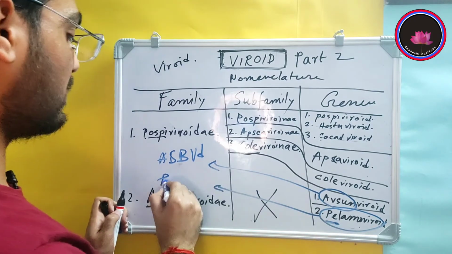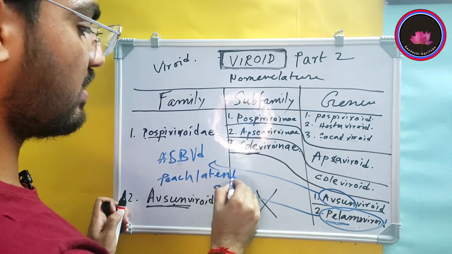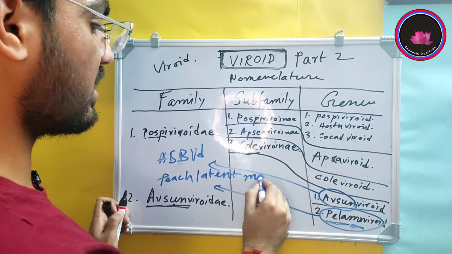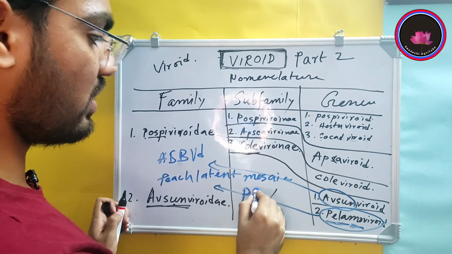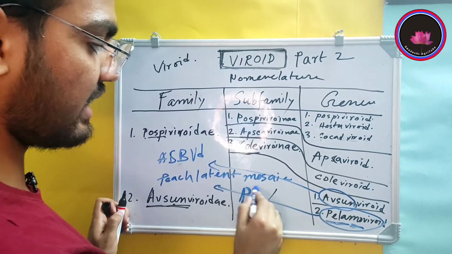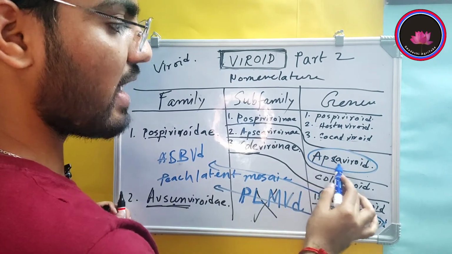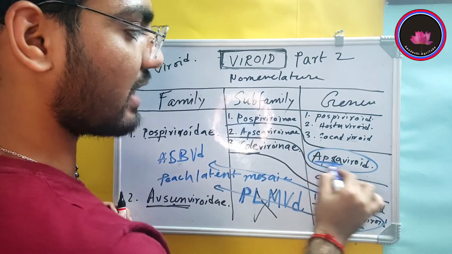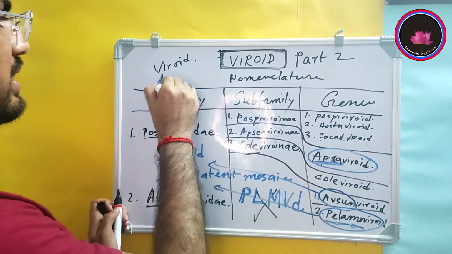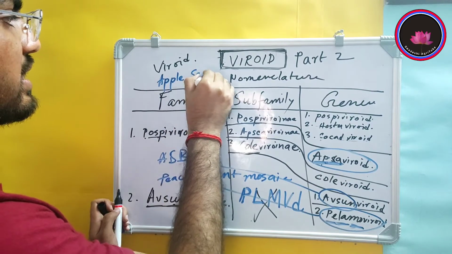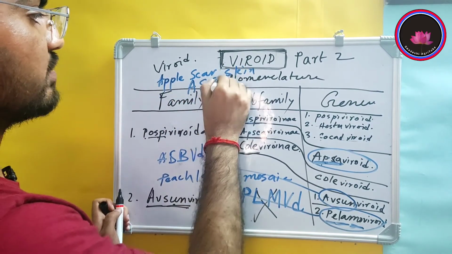And one important example of Pelamoviroid is PLMVd: Pe for the peach, La for the latent, and Mo for the mosaic. That means peach latent mosaic viroid. An important example of Apscaviroid is the apple scar skin: Ap for apple, Sc for scar, apple scar skin viroid, so you can see ASSVd.